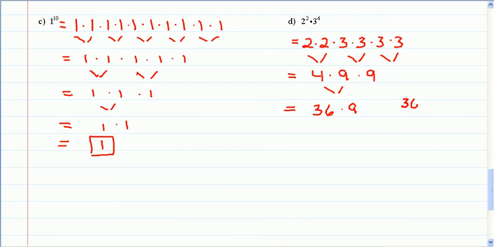So if I take 36 times 9 to find the final answer, 6 times 9 is 54. 3 times 9 is 27. Plus 5 is 32. So 36 times 9 is 324.